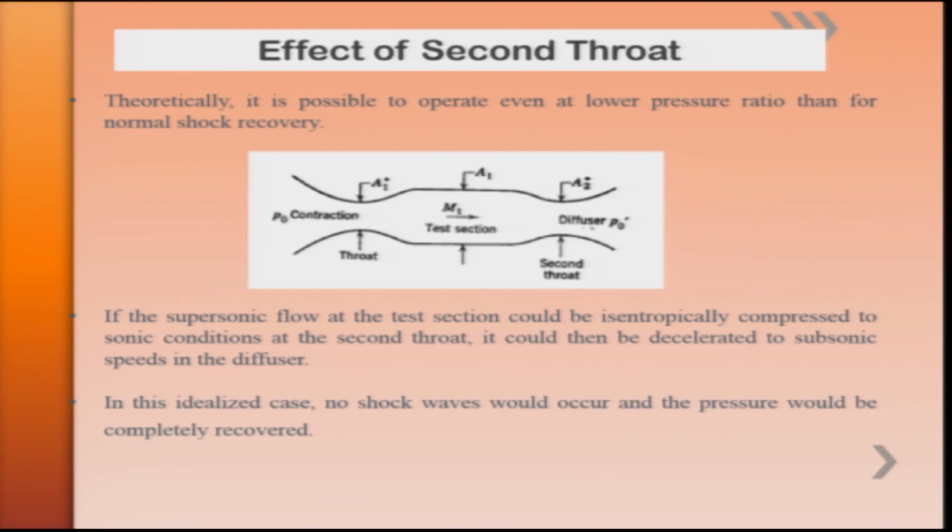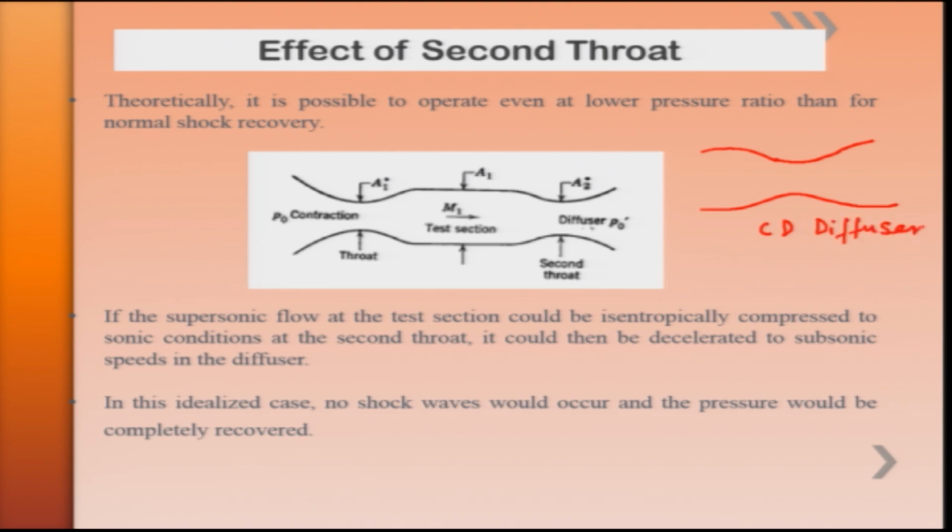Now instead of attaching a plain diffuser, we can have another configuration called a convergent divergent diffuser, which is shown here. The geometry is similar to a convergent divergent nozzle, and this kind of profile is termed a CD diffuser.